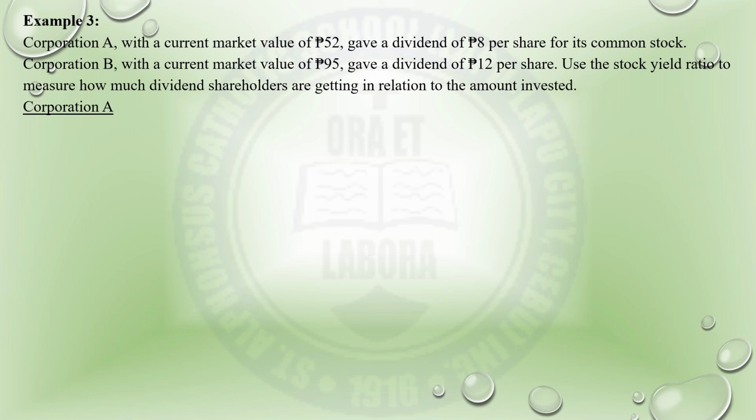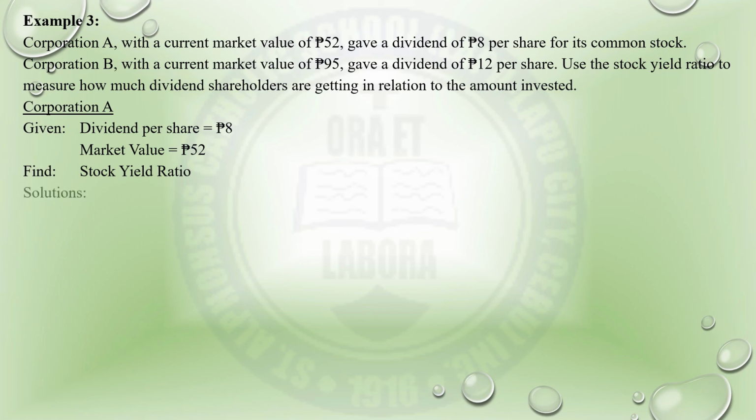For Corporation A, the given dividend per share is equal to 8 pesos. The market value is equal to 52 pesos, and we need to find the stock yield ratio. Since the stock yield ratio is a ratio of the annual dividend per share and the market value per share, so the notation for stock yield ratio is dividend per share over market value.